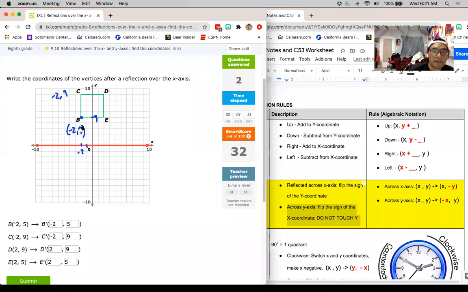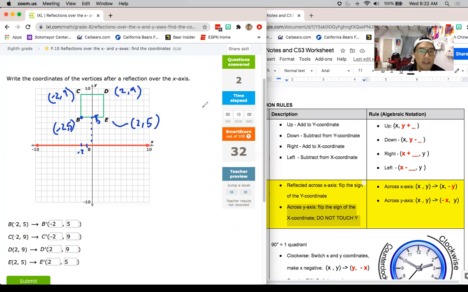That's -2, 5. B is -2, 5. Sorry. This is 5. Yeah, 1, 2, 3, 4, 5. -2, 5. -2, 9. 2, 9. And the E is 2, 5. There are the 4 corners, the 4 vertices of your box.